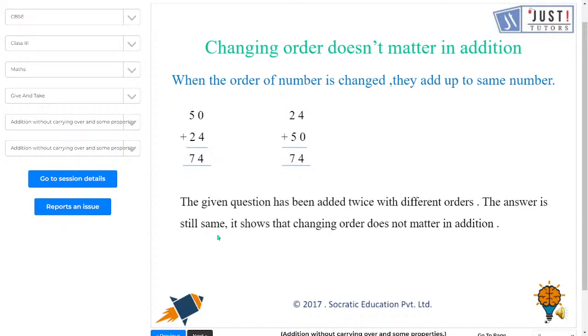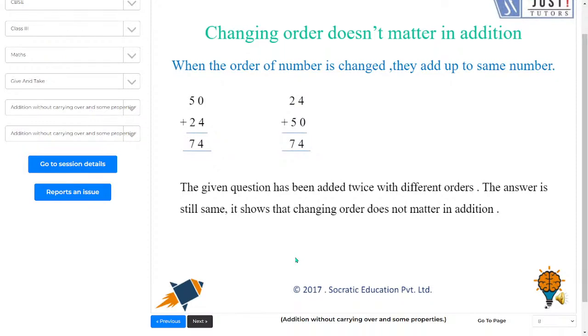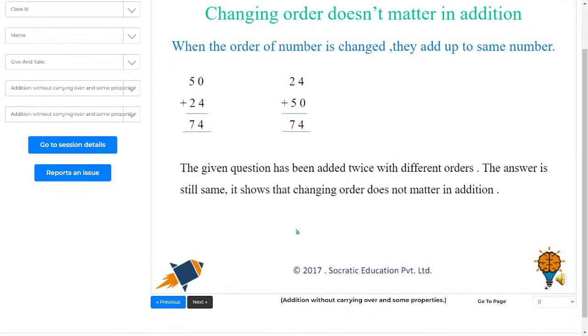The given question has been added twice with different orders, and the answer is still the same. It shows that changing order does not matter in addition. Whatever order we follow, the answer remains the same, whether we put the number up or down.